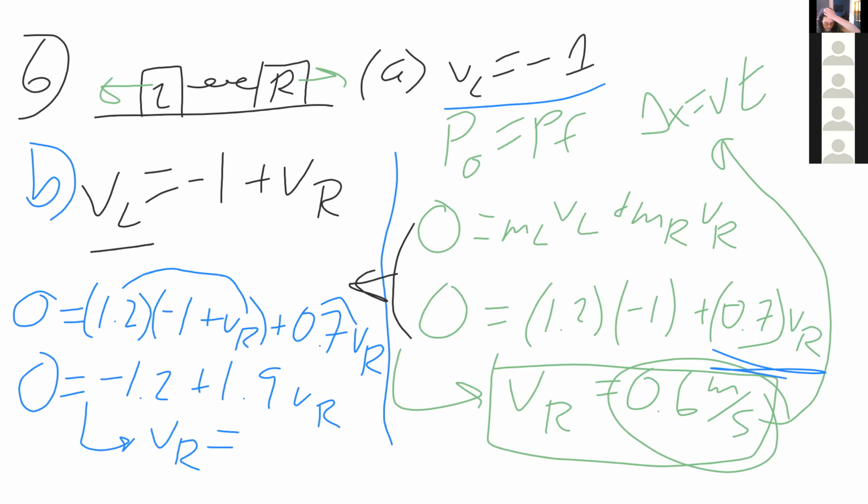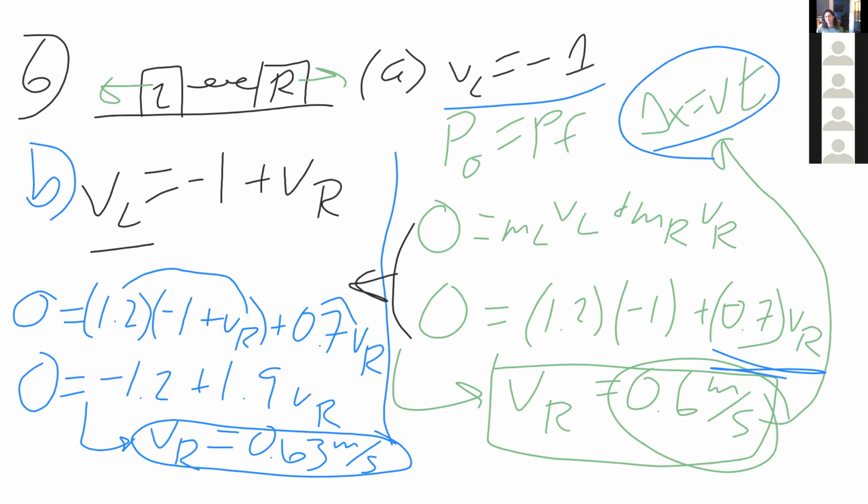Now it'll be 1.2 on 1.9, which is, I don't know, 0.63 or something like that, meters per second. At any rate, then it's still the same. Delta x equals velocity times time in order to find the displacement a given time later.